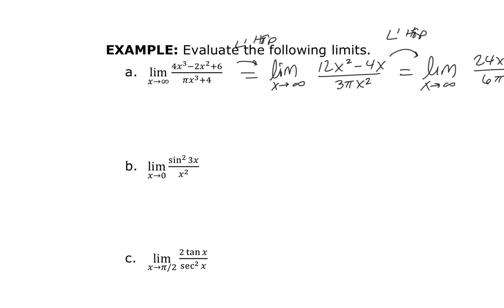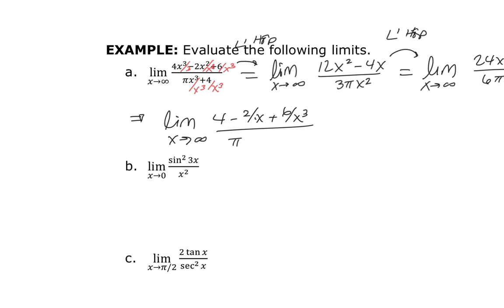What I would have done is I would have said, oh, let's divide everything by x to the third. Every term by x to the third, and so I end up with the limit as x goes to infinity of 4 minus 2 over x plus 6 over x to the third, and then I'm going to have pi plus 4 over x to the third.